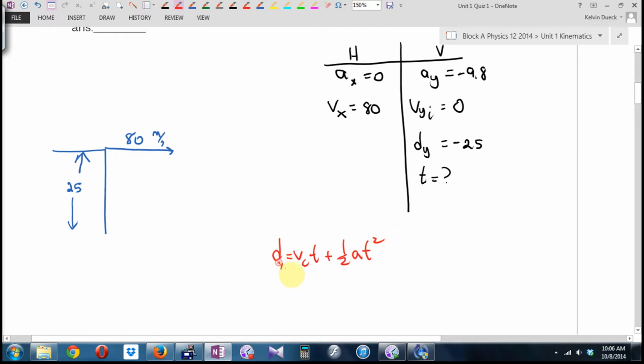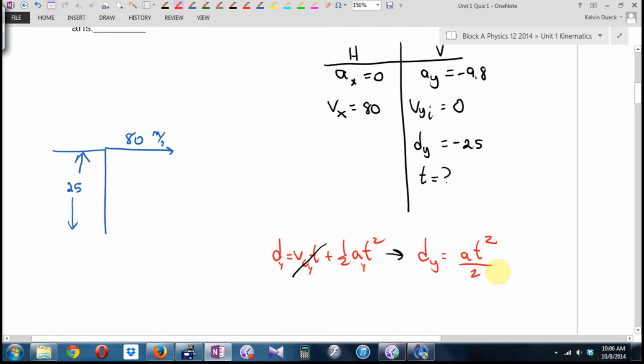And vertical, vertical, vertical. Now, this is a quadratic, and normally it's yucky, except there is a 0 in my data. Vy initial is 0, which means this term vanishes, and now my equation modifies. It becomes a t squared over 2.